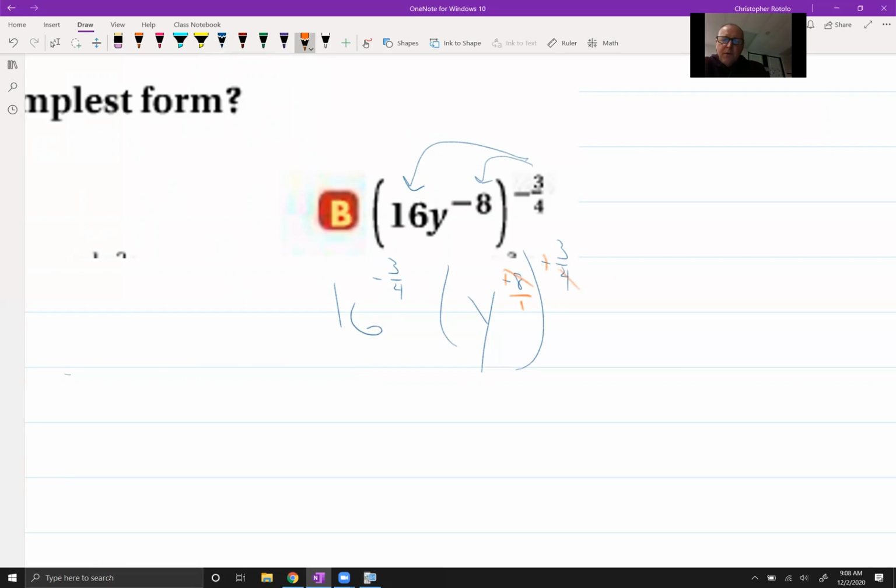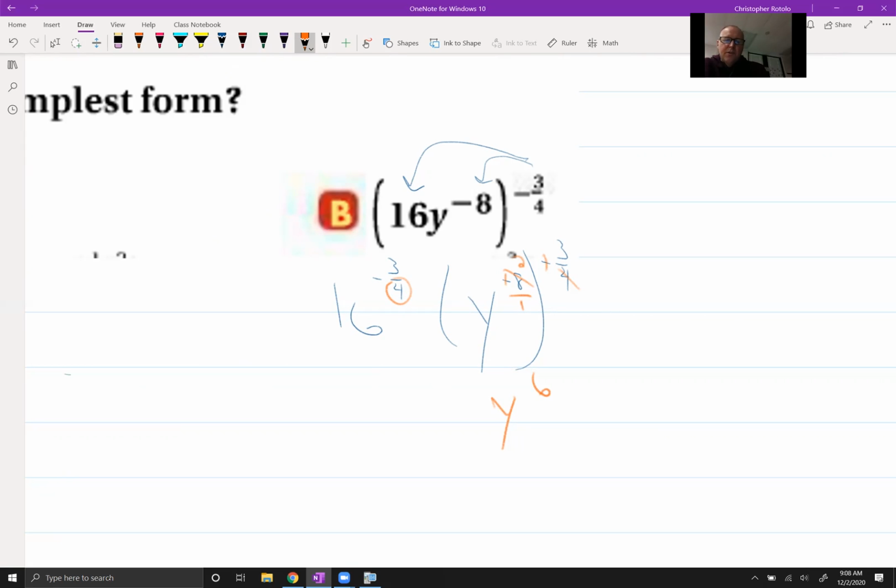And 8 divided by 4 is 2, so this becomes a y to the 6th power. Now with my 16, I can either cube 16 and then try and take the 4th root, or wouldn't it be a little bit nicer if I took the 4th root of 16 to find out it's 2 and then cubed it to get 8?